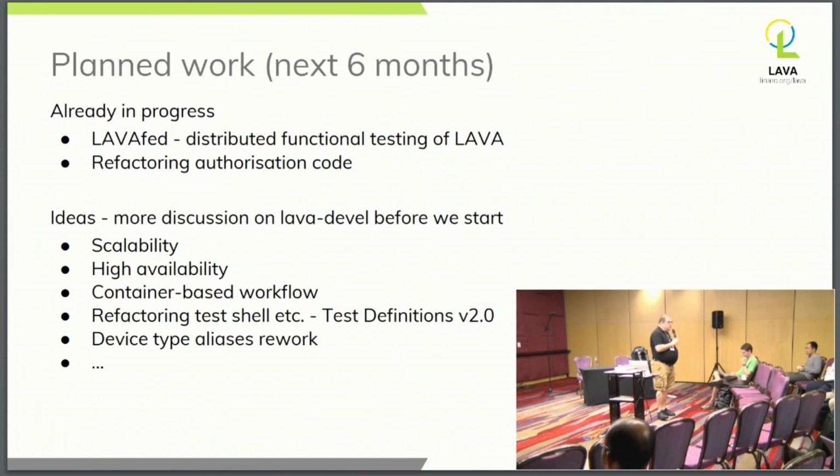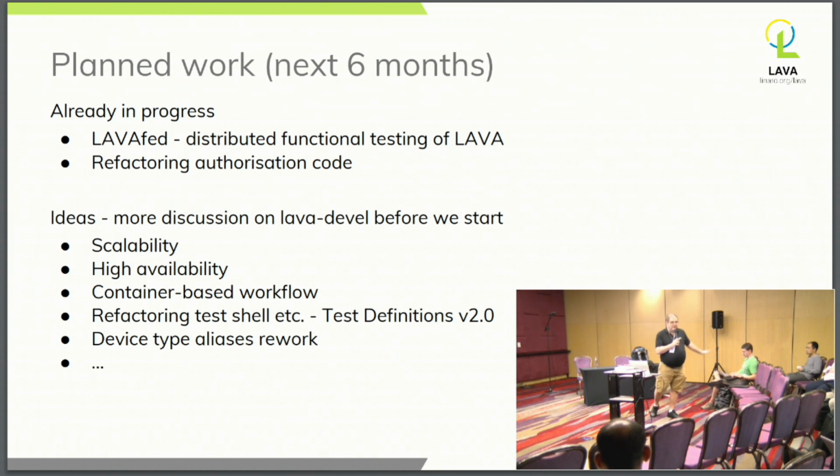We have some plans for the work we want to do in the next 6 months. We've already started doing a load of work. Remy has done a load of work on Lava Fed. He'll be talking about that more later in the week. Tomorrow. Lava Fed is an awesome way that you, out in the community, can help us do functional testing of Lava.